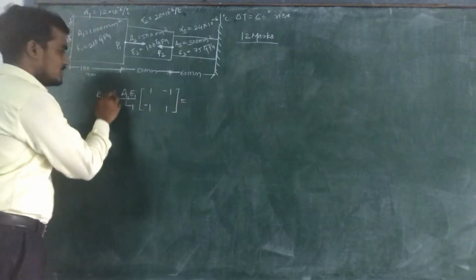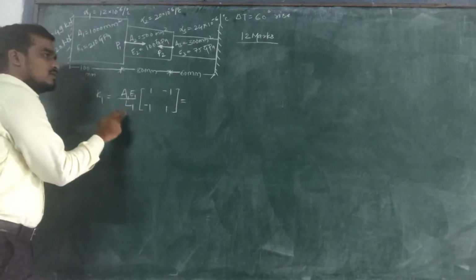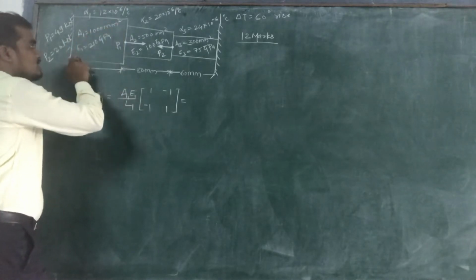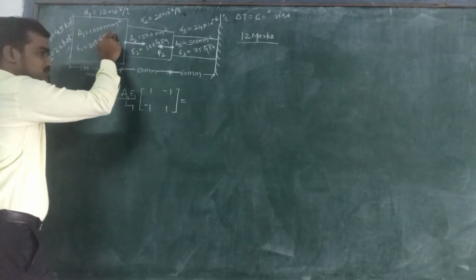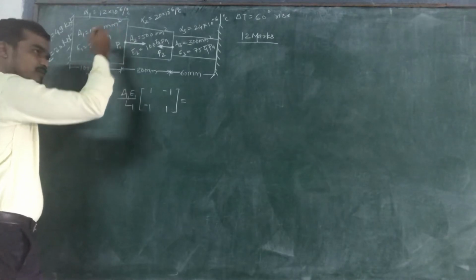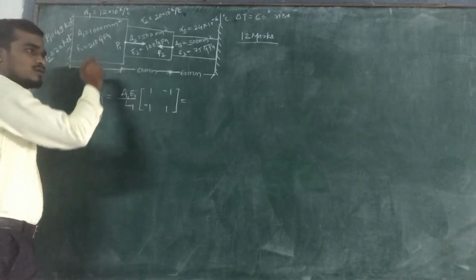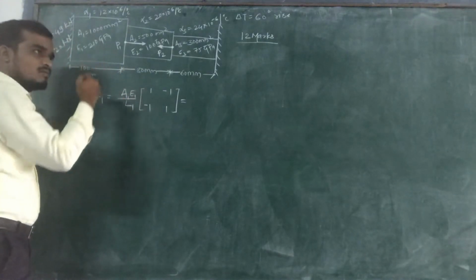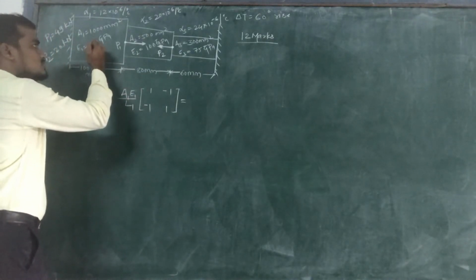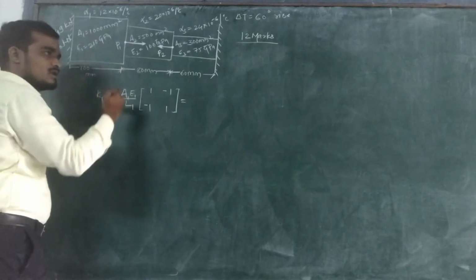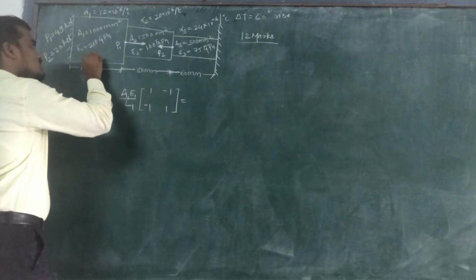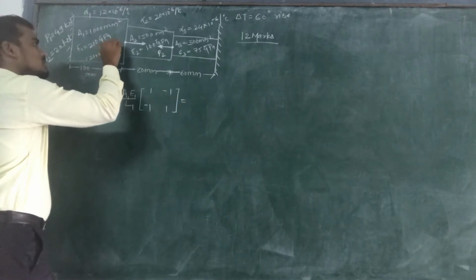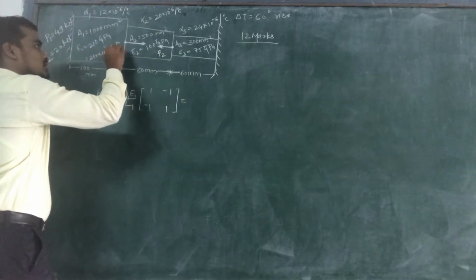A1, E1 and L1, all the values are given. A1 is 1000 mm square, and E1 is equal to 210 gigapascal. We need to convert this to megapascal, because we need to express all units in mm or Newton per mm square. So converting gigapascal into Newton per mm square, it becomes 210 into 10 raised to power 3 Newton per mm square.